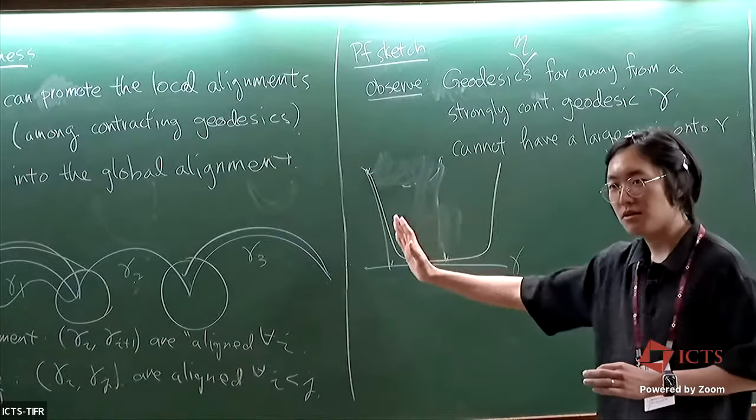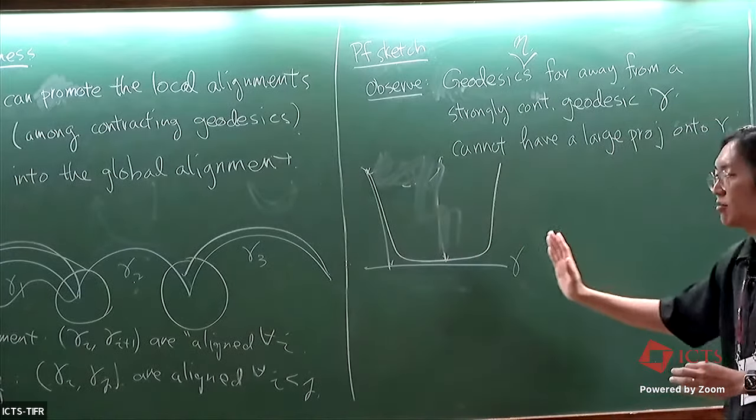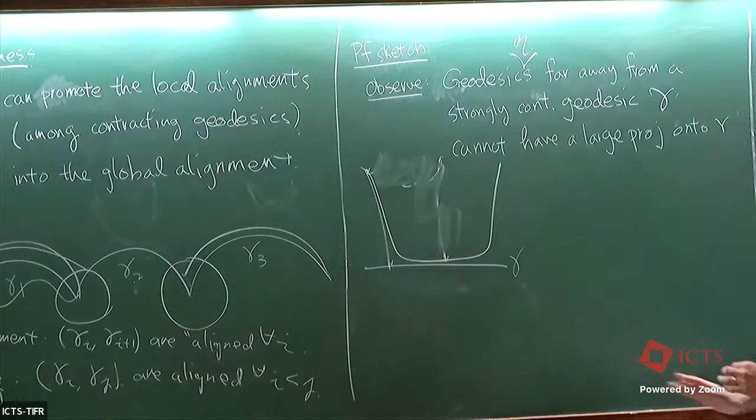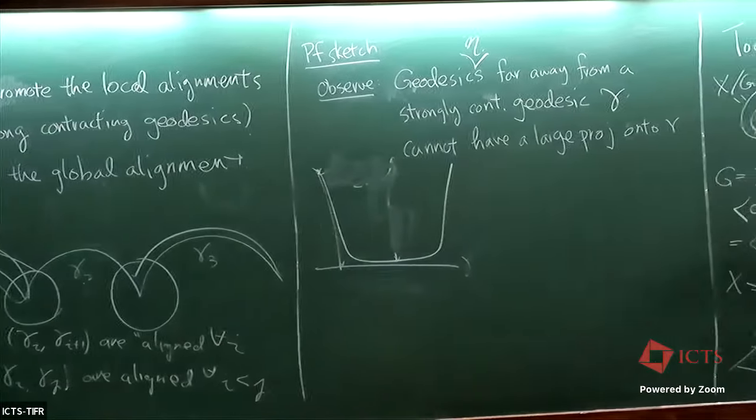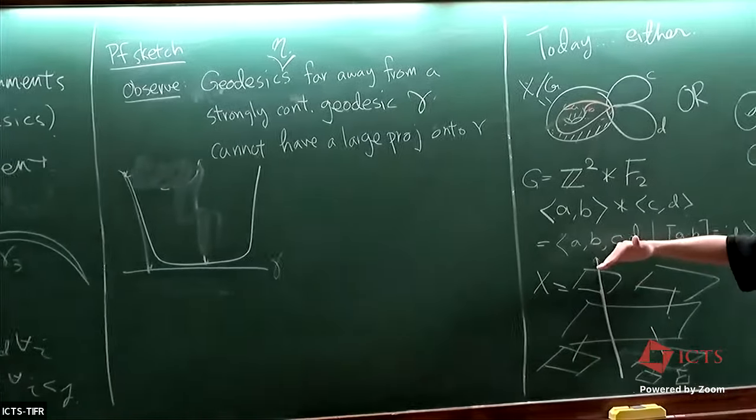Just imagine in the hyperbolic plane, or the better example is here actually. You have these tree-like directions. This is just a geodesic in the entire metric space, but every point has its landing point onto this gamma. So this is how this strongly contracting geodesic is dividing up the entire space.